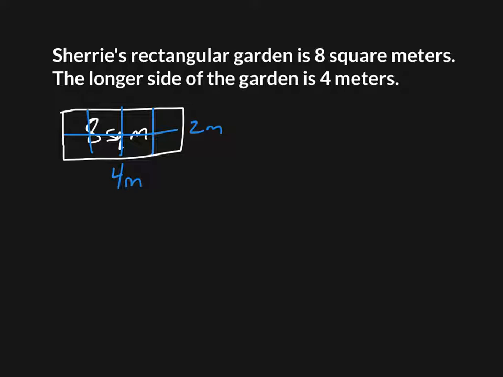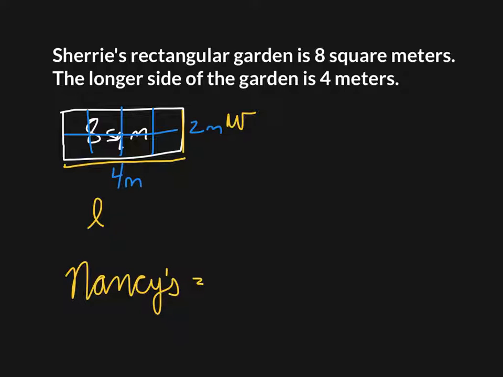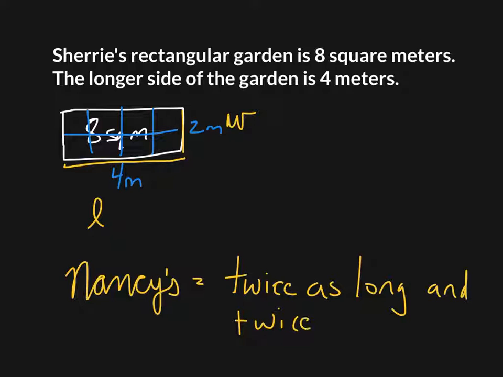If Sherry's is 4 meters long, this is my length, and 2 meters wide, this is my width, and Nancy's is equal to twice as long and twice as wide. What is the length and what is the width of Nancy's garden?